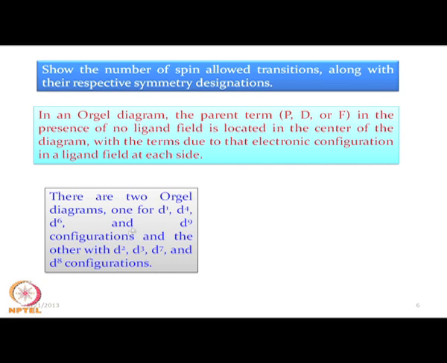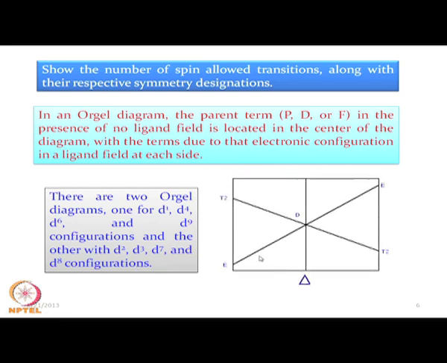So, altogether in these two diagrams, we will be handling 4 plus 4, 8 different electronic configurations. So, out of 9 electronic configurations, we will be handling 8 together. The only odd man out is the D5 electronic configuration, which cannot be handled by this diagram, because this D5 situation is a little bit complicated and it can have two different situations, the high spin configuration and the low spin configuration.